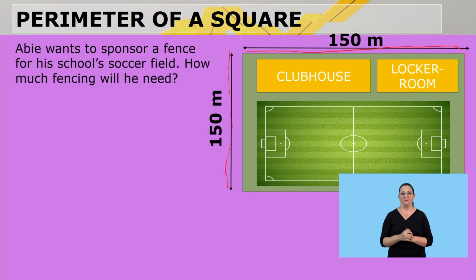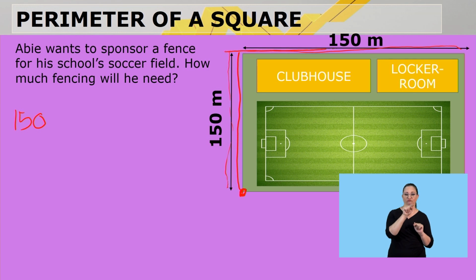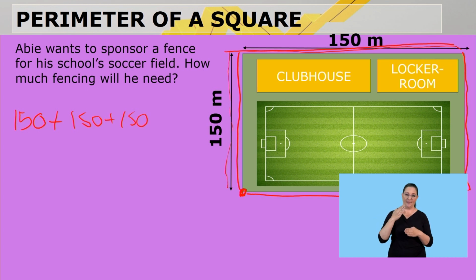Now, what do we need to do? We need to go around the shape, around the field. So starting here, we walked 150 meters. Then on this side, we walked another 150 meters, going down past the locker rooms at the end of the field, another 150, and then finally we end with another 150.